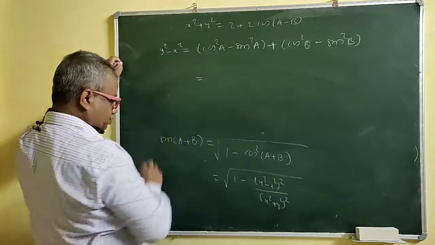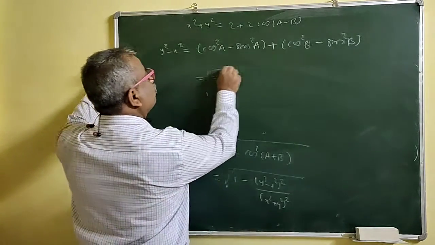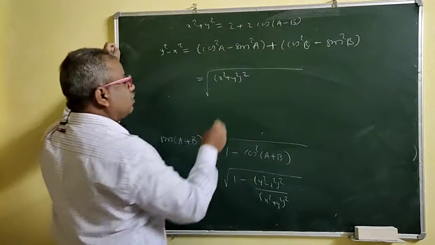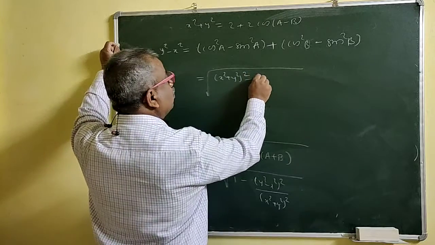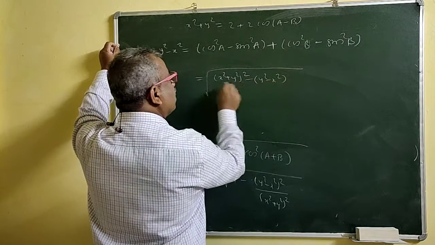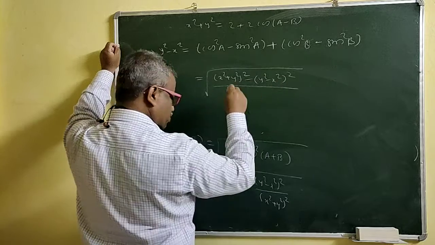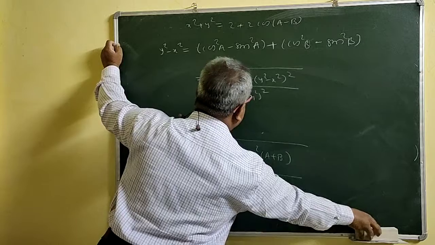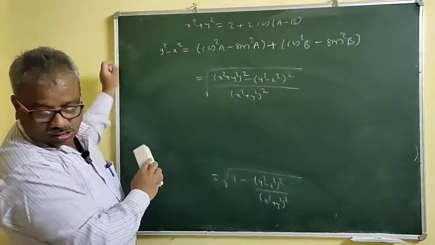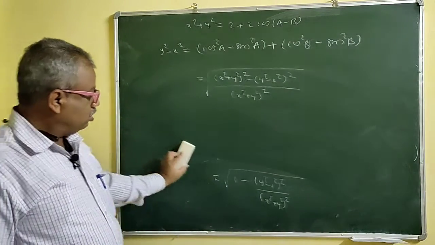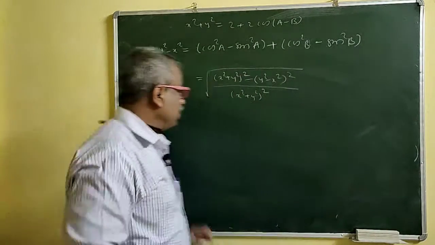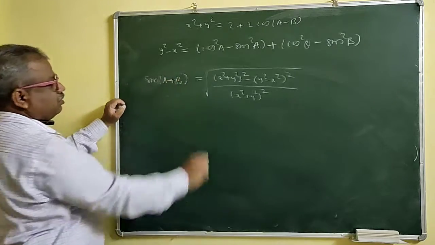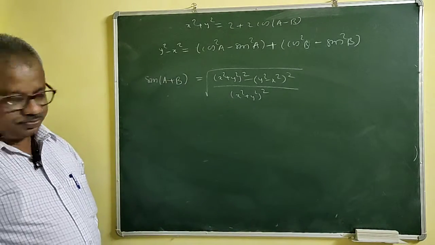So this is equal to root of (x square plus y square) whole square minus (y square minus x square) whole square, and here we can also write x square minus y square, upon (x square plus y square) whole square. This is your sin of (A plus B).